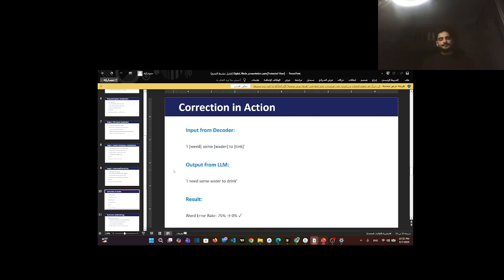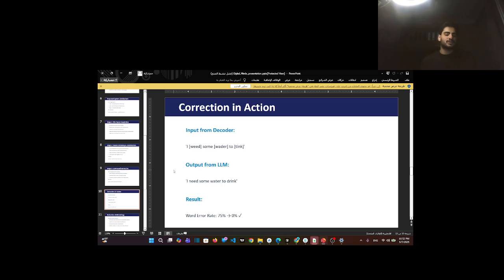So, slide 10, correction and action. Here we have a simple example. The decoder outputs "I read some water to tank." The sentence contains several corrupted words. "Weed" should probably be "need." "Water" should be "water." "Tank" should probably be "drink."